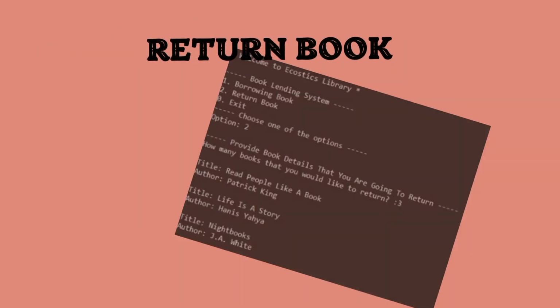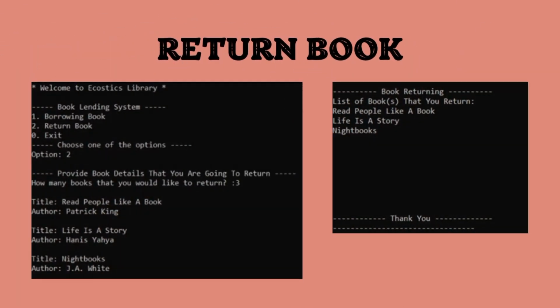For the return book, the program starts by displaying the menu. The user then will choose option 2. Then the program will ask to enter the number of books that they would like to return. When the user enters number 3, the program will then ask for the title and author.